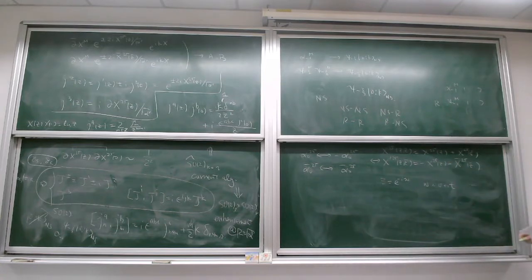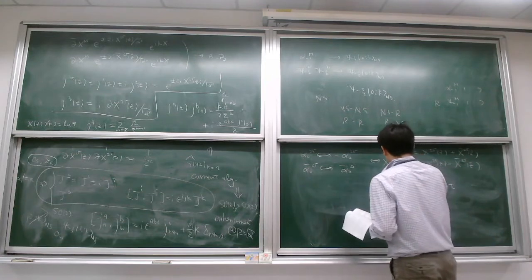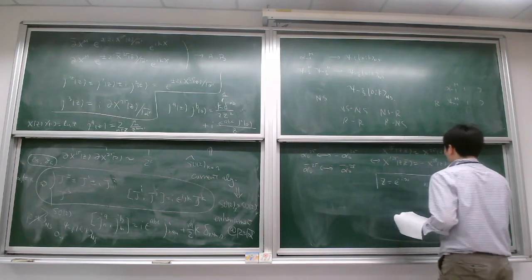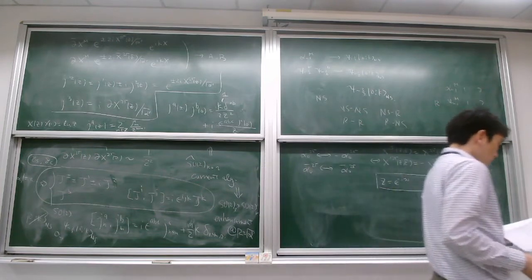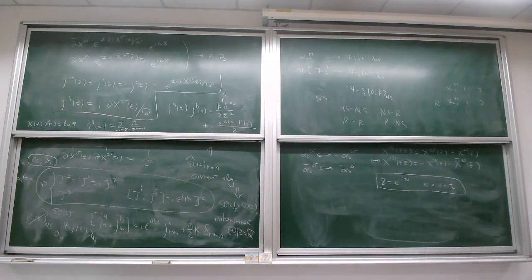This is the coordinate transformation we use from cylindrical coordinates to plane coordinates. Should be the case, right? Yeah, so this is what we have obtained.